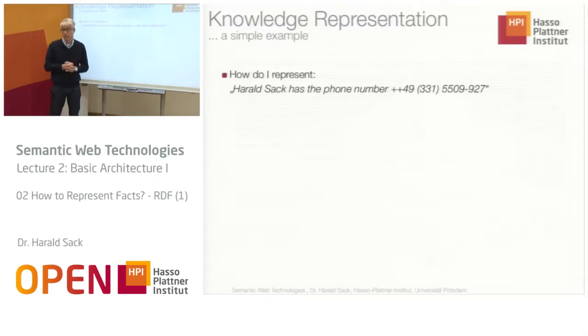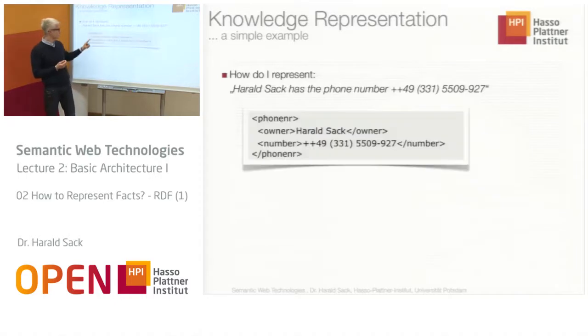So, let's take the case you know a little bit of XML, which is the Extensible Markup Language. And with the Extensible Markup Language, of course, you can denote semi-structured information. For example, you can define a phone number, and a phone number has an owner and a number. And this should denote that this owner has this phone number.